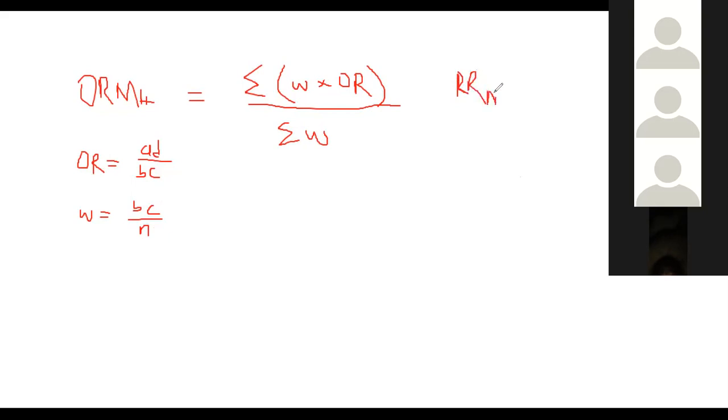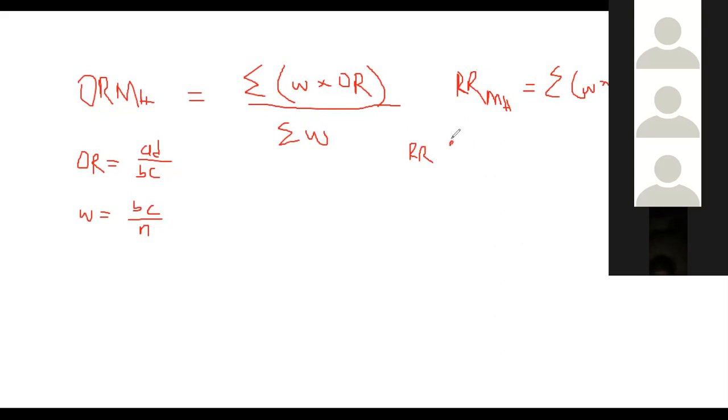For relative risk, the Mantel-Haenszel relative risk will be the sum of the weight of each stratum times RR, the relative risk. And the formula for relative risk is this.